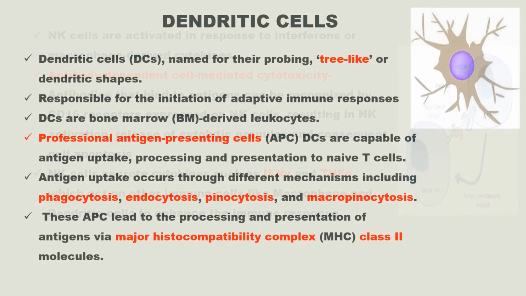Next is dendritic cells. Dendritic cells, DCs, are named for their probing tree-like or dendritic shape. You can see in this figure some tree-like structures, like the dendrites of a neuron, so it is called a dendritic cell.